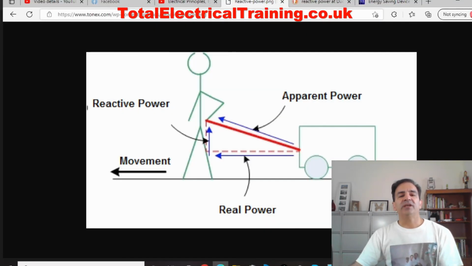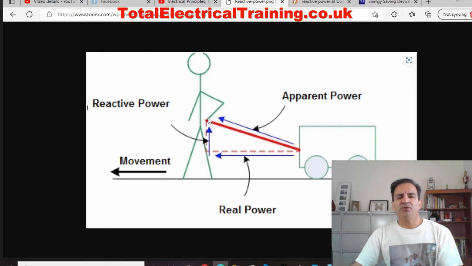Another way to explain this is: if you're pulling a cart like this, the power that you really need to pull this is this much, but you're pulling this, which is the apparent power, measured in kilovolt amp in terms of electrics. So this much is reactive power.